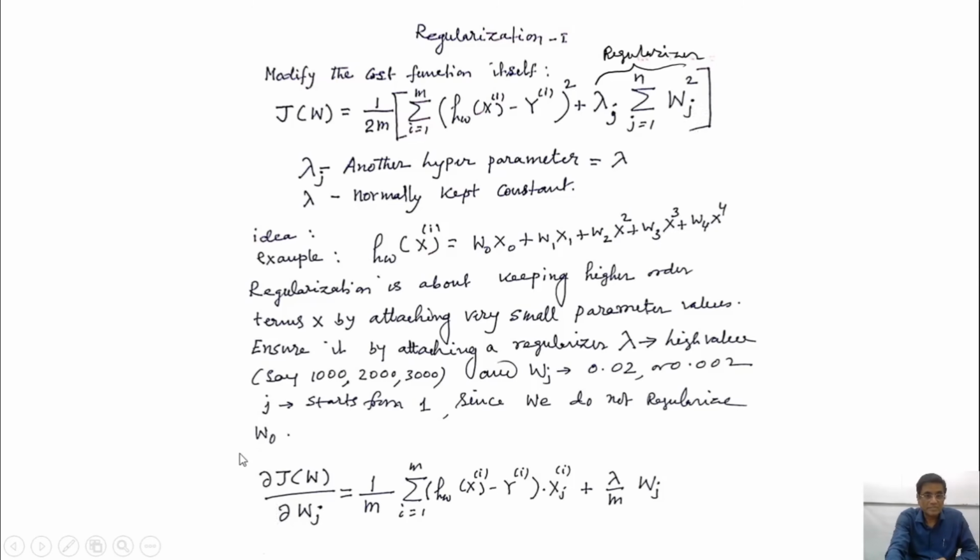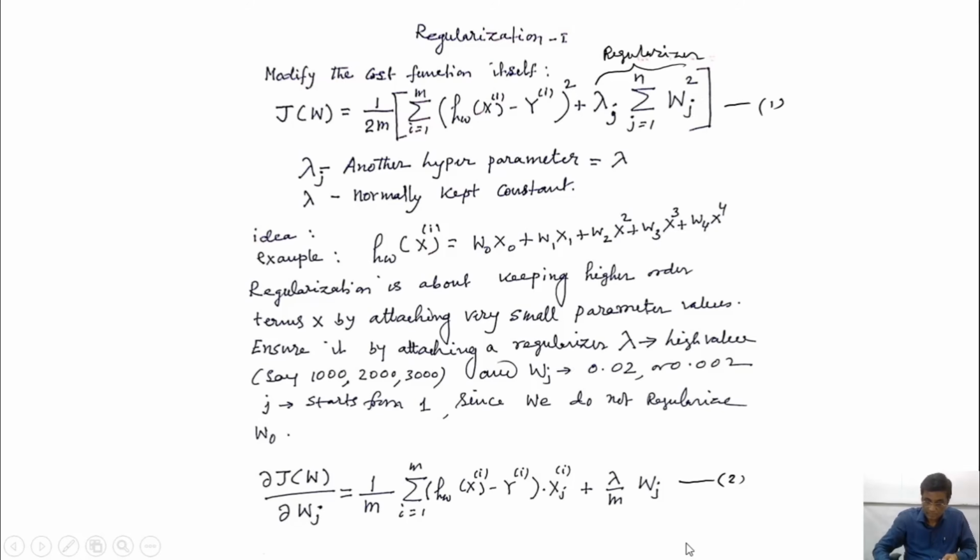So this is my new objective function, and I'll have to differentiate it with respect to j, which we have done here. Let us call this equation number 1, and this equation number 2, which we are going to use. This is the derivative of this function.